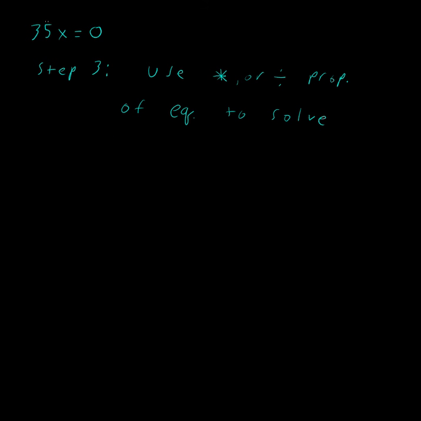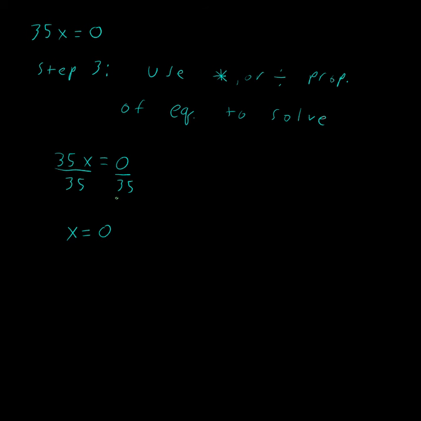For this, we would probably want to use the division property of equivalence. And so we would simply take 35x equals 0, and then we would divide both sides by 35. So what that would give us is x equals 0.